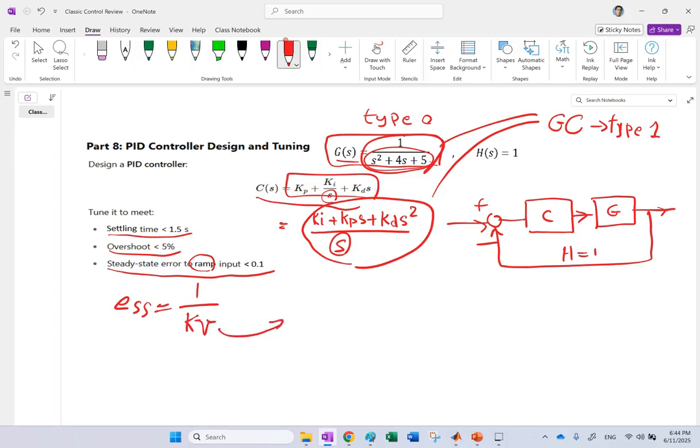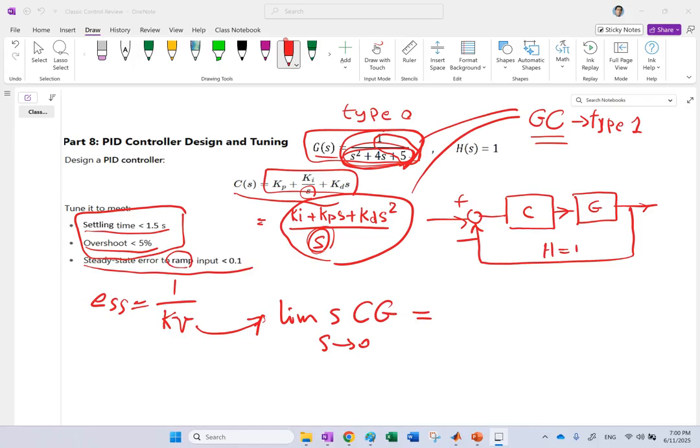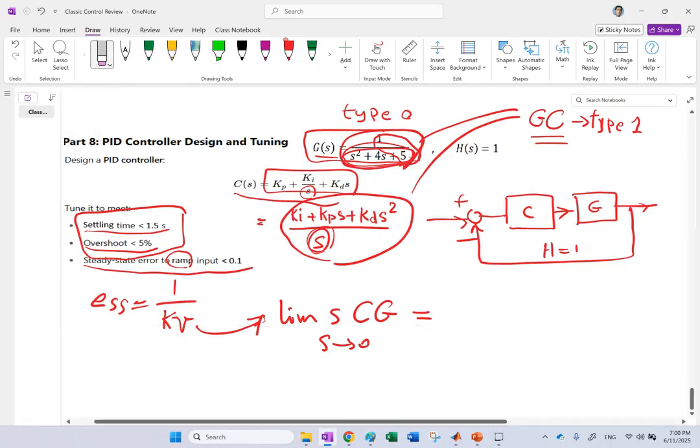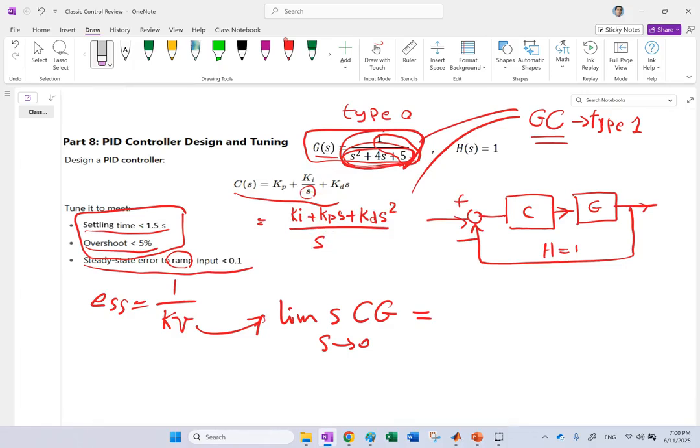And this kV here is basically the limit of s times c times g as s goes to 0. And what would you get? So that s here, let me clean up a little bit. That s here is going to be canceled with this one.